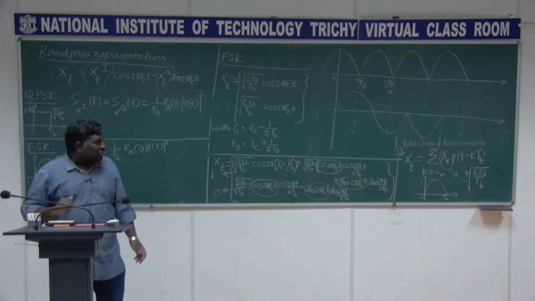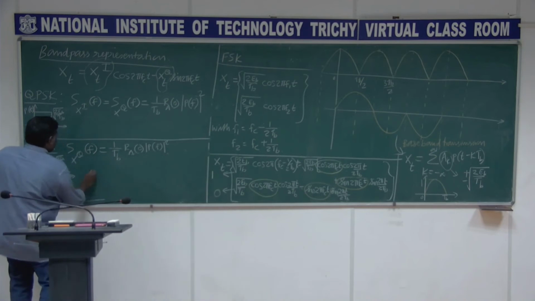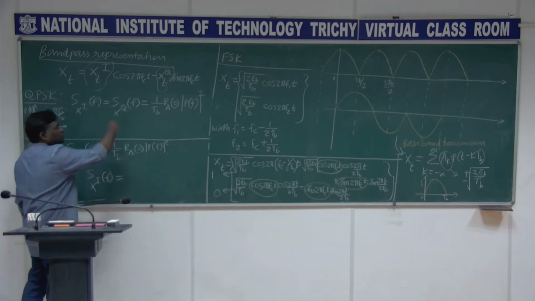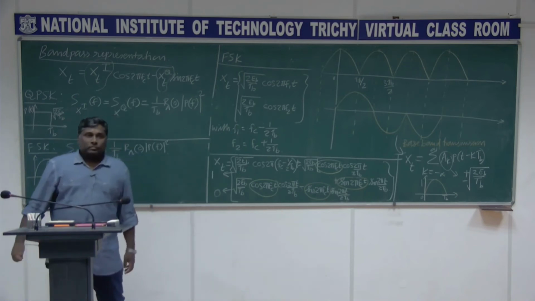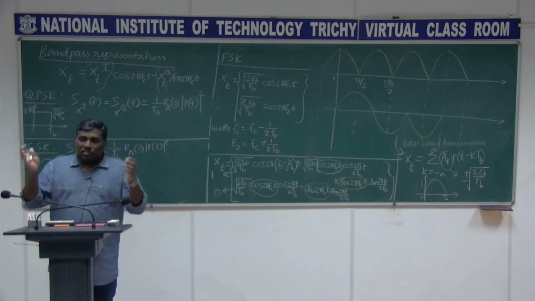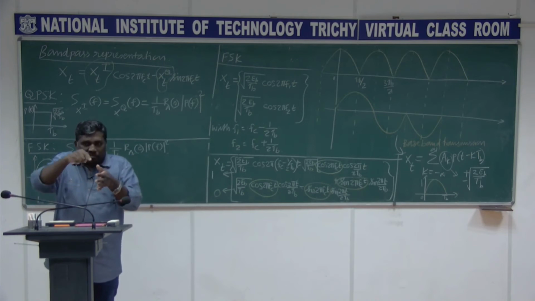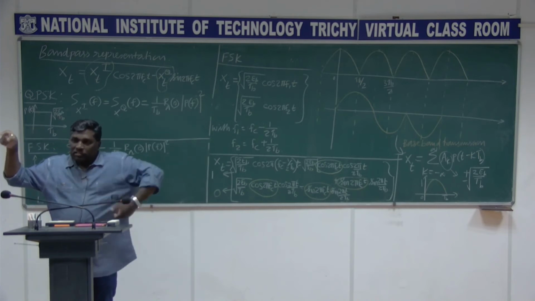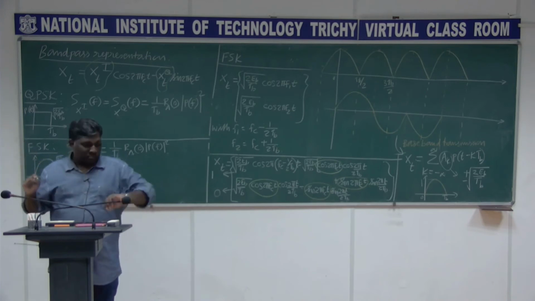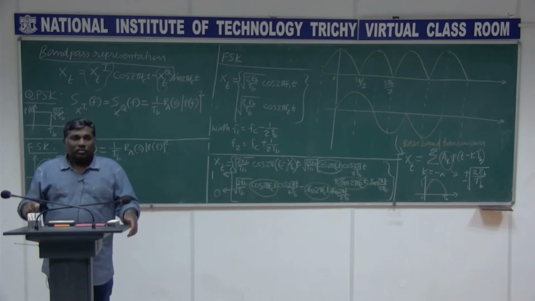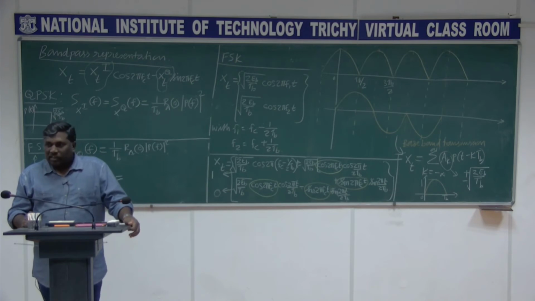But what about this in phase component? In QPSK, the in phase and quadrature components are both the same, isn't it? Because in QPSK, the in phase component is plus or minus, and the quadrature component also has the same thing, right? But in case of FSK, it is not so.